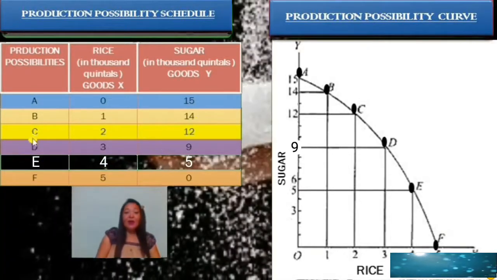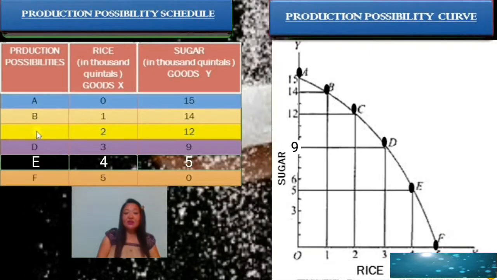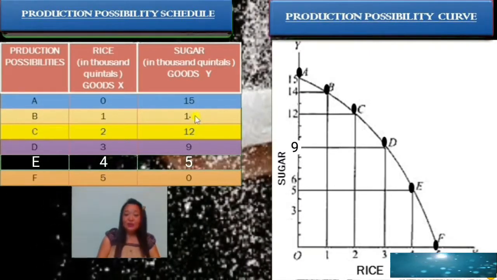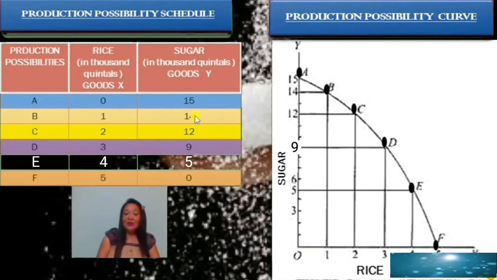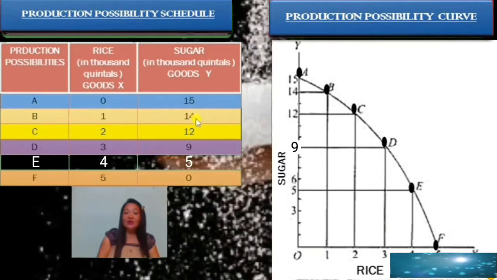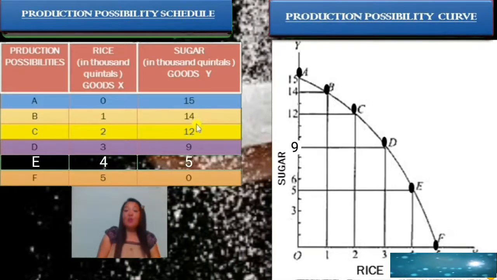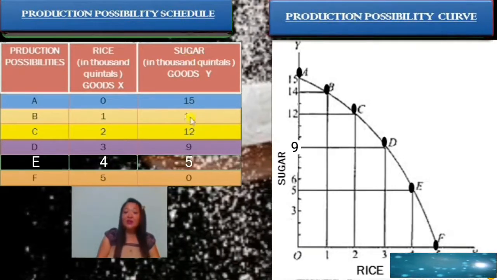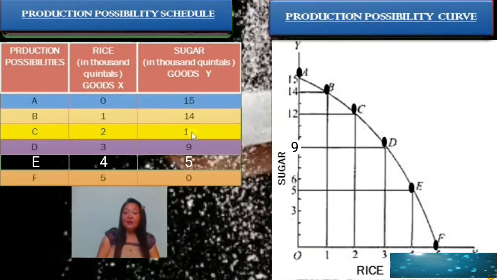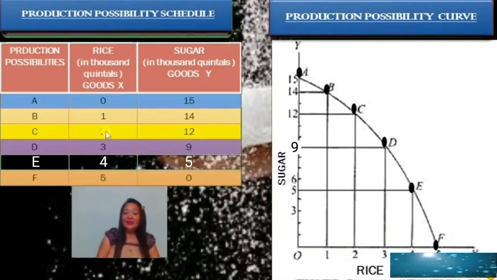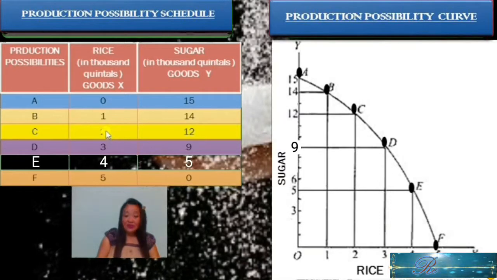Now combination C shows that if you reduce the allocation of resources a little more in the production of sugar, say from 14 to 12, then the production of rice will increase to, say, 2 units.